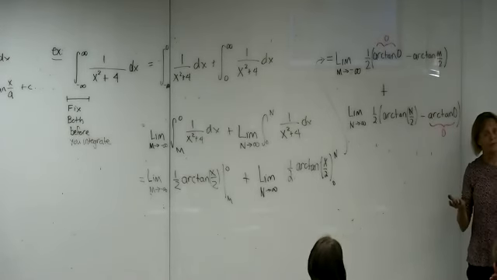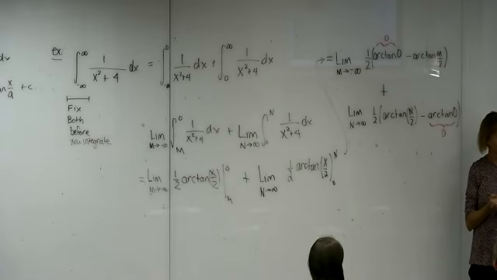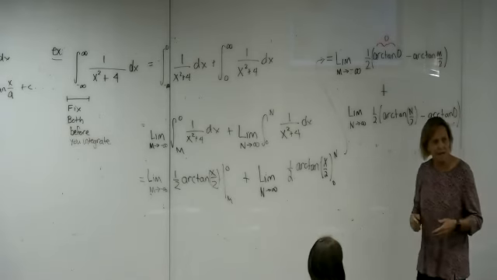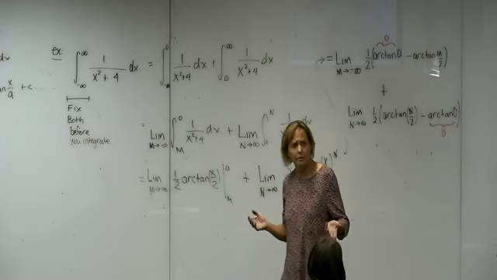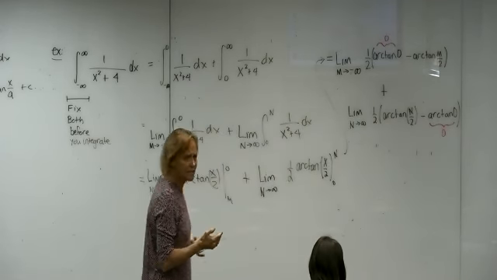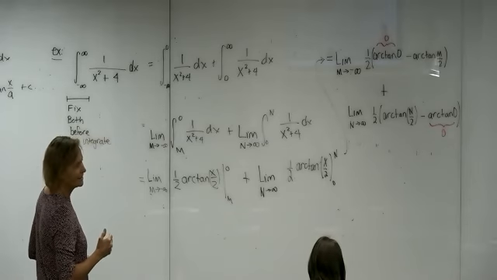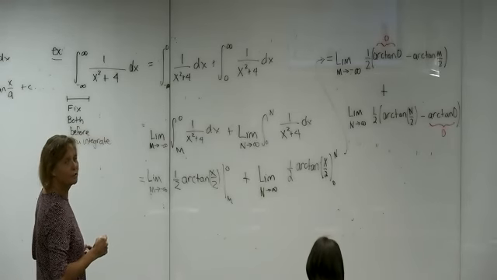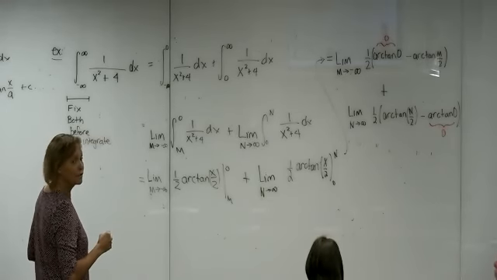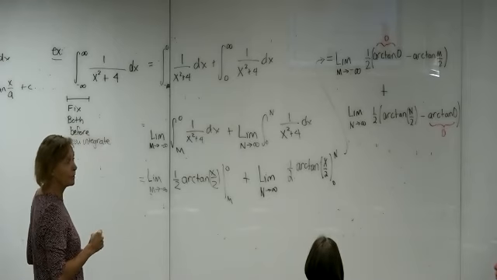So what do you know about the graph of the arctangent function? Think of your tangent curve, it has asymptotes where? At pi over 2. Tangent is sine over cosine, and cosine of pi over 2 is 0.